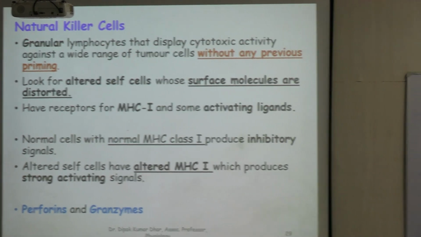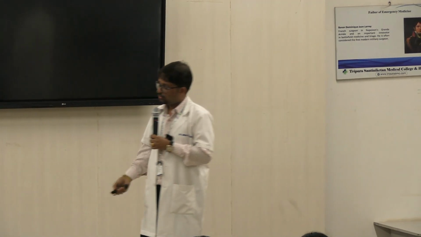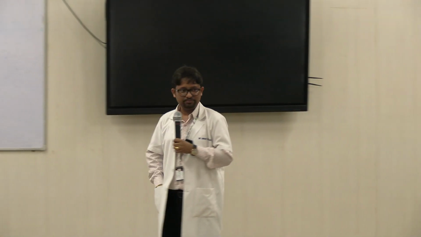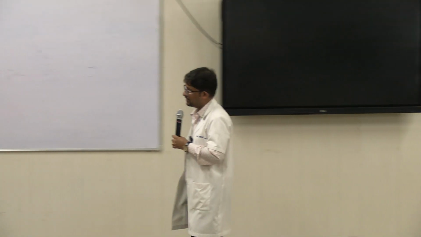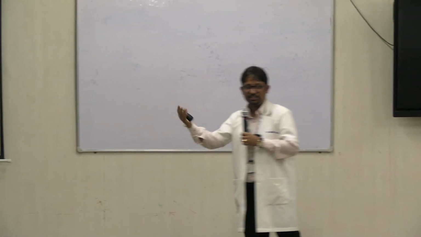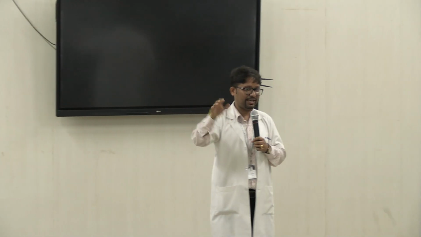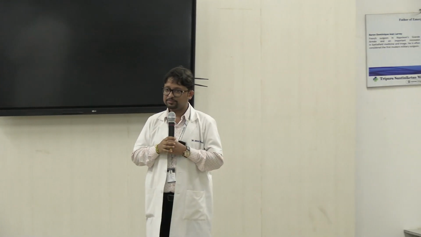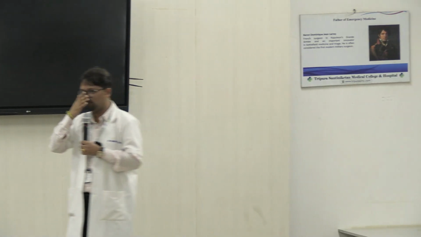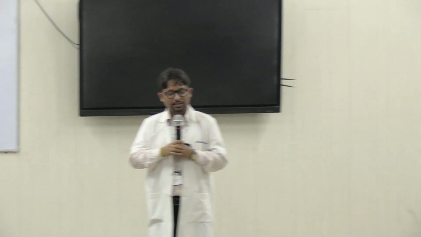They have receptors for MHC1, and they also have some activating ligands. So all the activation mechanisms are present. Normal nucleated cells and platelets have MHC1, and antigen presenting cells have both MHC1 and 2. If everything is normal, they will not respond.